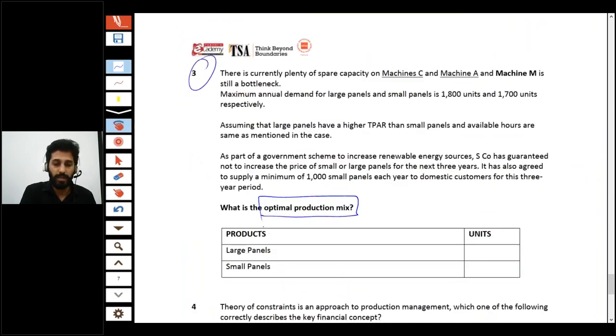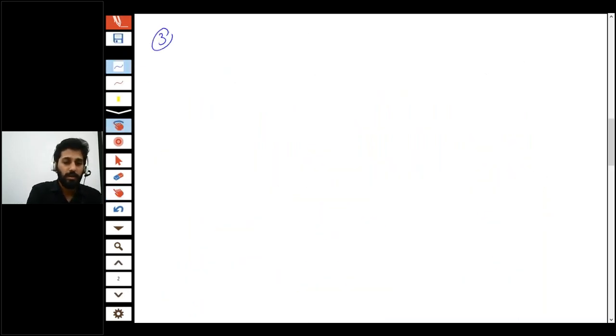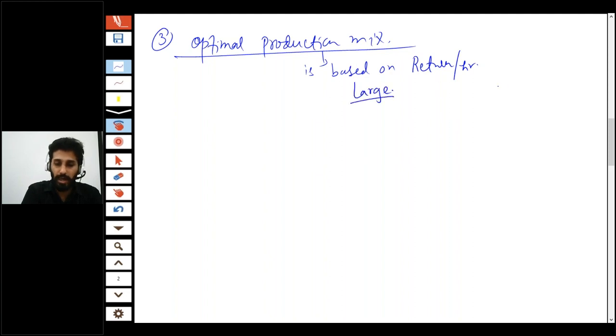Now, question number 3. What is the optimal production mix? Optimal production mix is based on return per hour, or you can say the TPAR, for large and small.